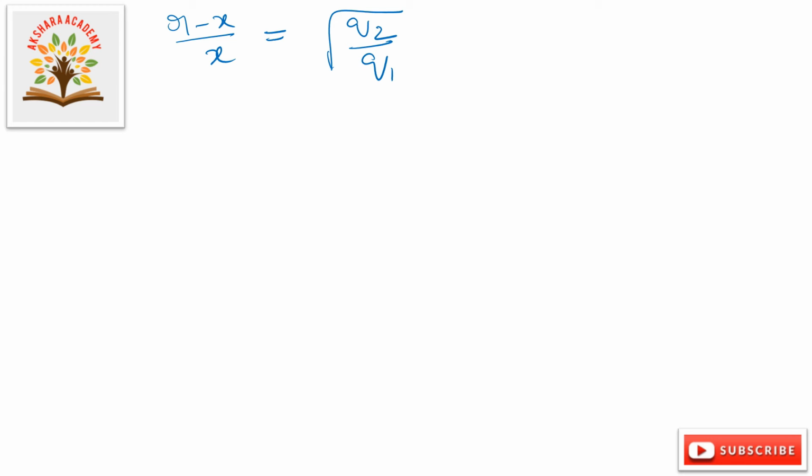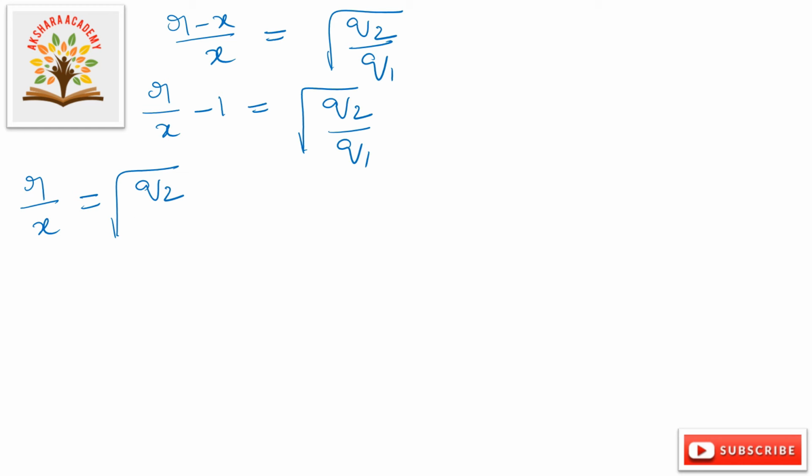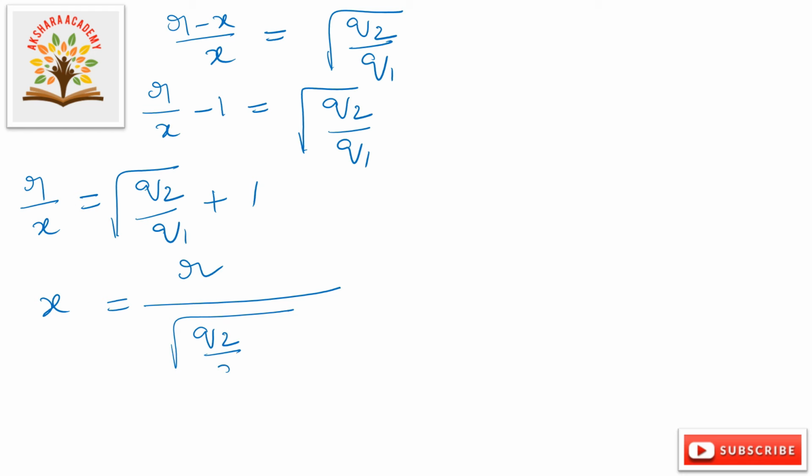So r by x minus 1 is equal to under root of q2 by q1. So r by x is equal to root of q2 by q1 plus 1. So from this, x is equal to r by root of q2 by q1 plus 1.